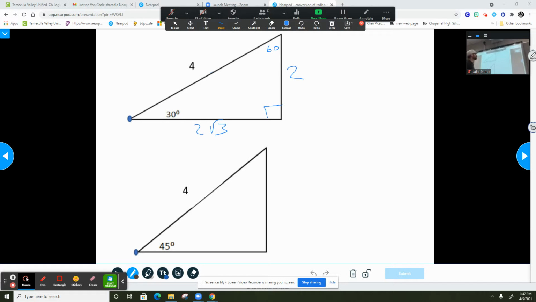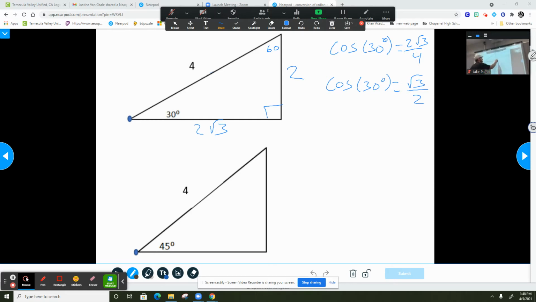And so if I ask you, what is the cosine of 30 degrees? We are going to do adjacent over hypotenuse, 2 rad 3 over 4. So that is going to reduce down to rad 3 over 2.